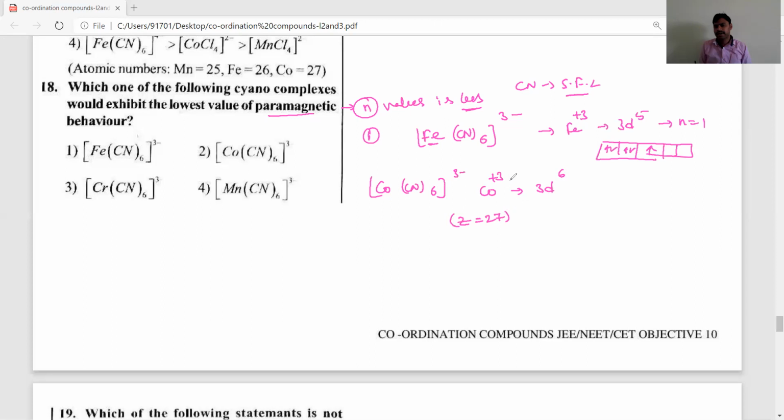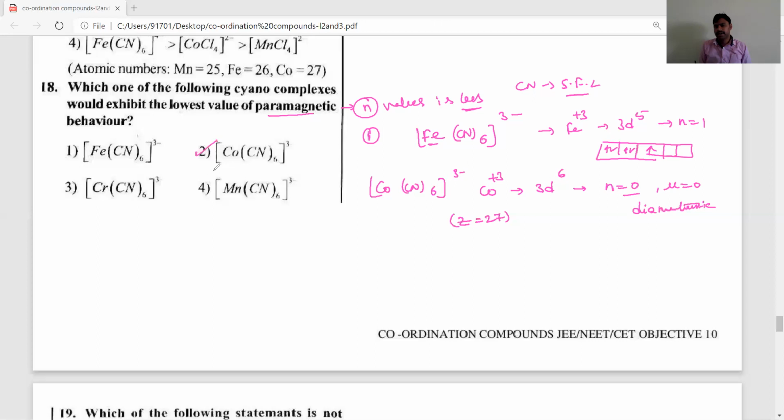Removing 3 electrons gives Co3+ with d6, where all electrons are paired, so n is equal to 0. The lowest paramagnetic behavior means n value is 0, a diamagnetic nature. So the answer is the second option.